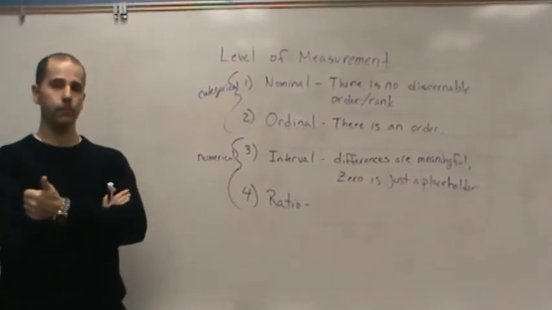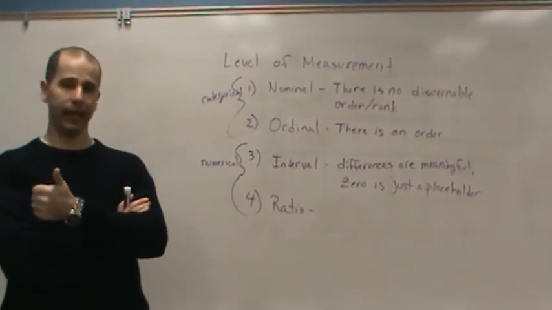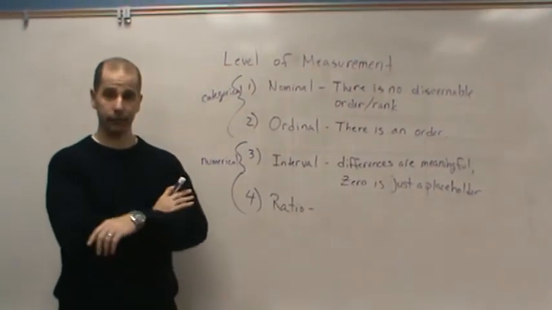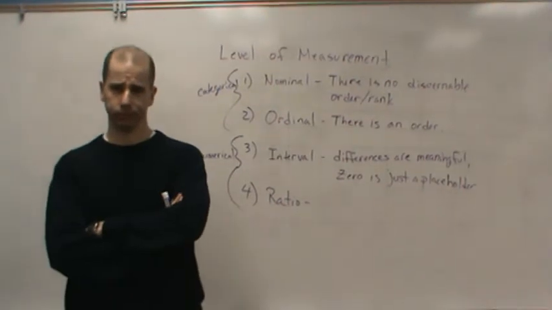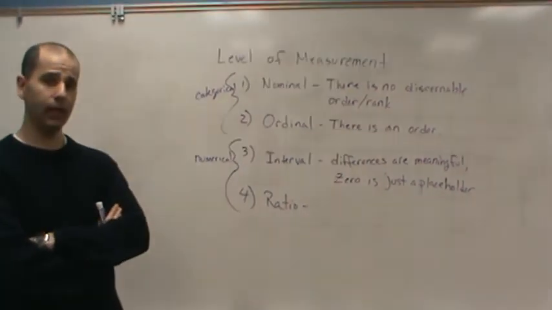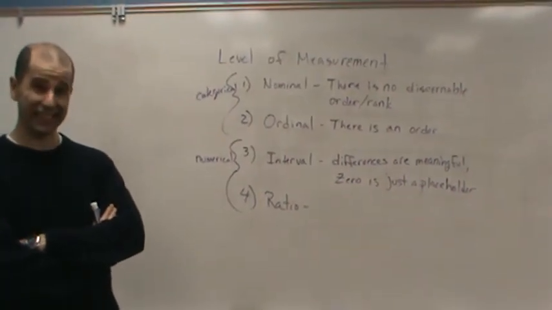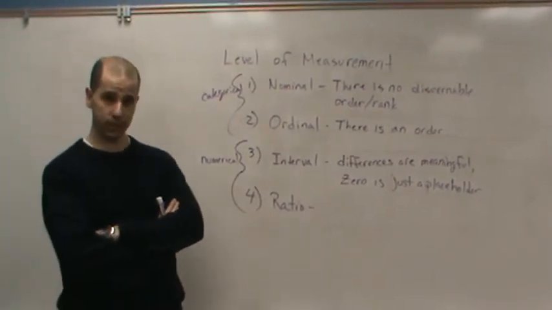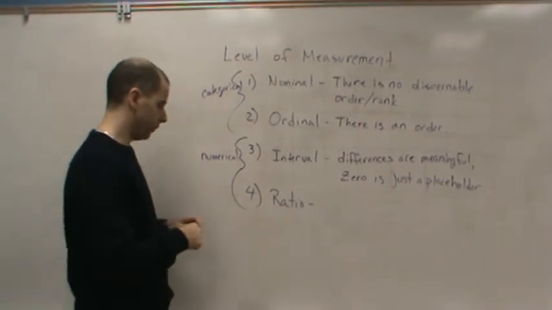So a ratio level of measurement, it's numerical, differences are meaningful, just like with interval, except that 0 in this case is meaningful. 0 does represent the absence of something. Okay? So let me write that down.